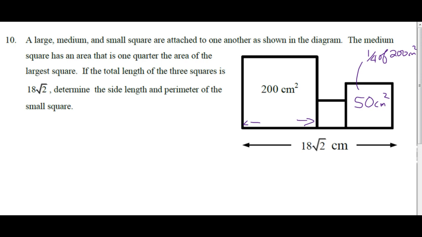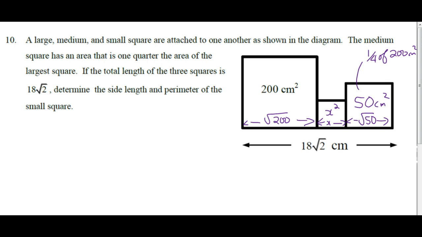Come on, man, we just did 2 of these on the other page. 25 was 5, 90 was root 90, 200 is root 200. What's the side length of this square? Root 50. The side length of this square, I don't know. We're going to call that x squared. We'll call this x. Okay. We don't know. Unknown, right?